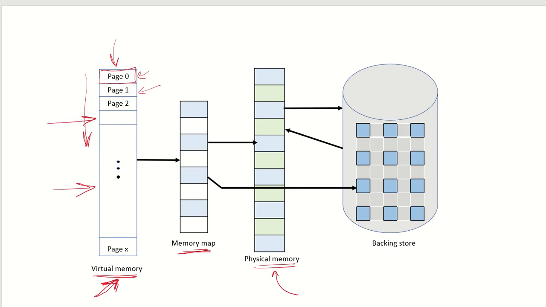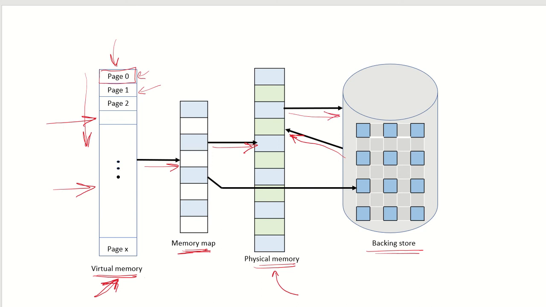So the page of that virtual memory program will be put according to the memory map into a particular part of the physical memory, and this memory map will also keep track of where these pages are available on the backing store. From the backing store, the pages can be taken into the RAM and can be taken out of the RAM also.